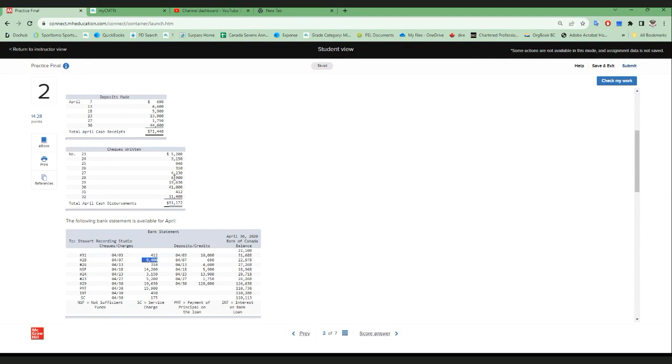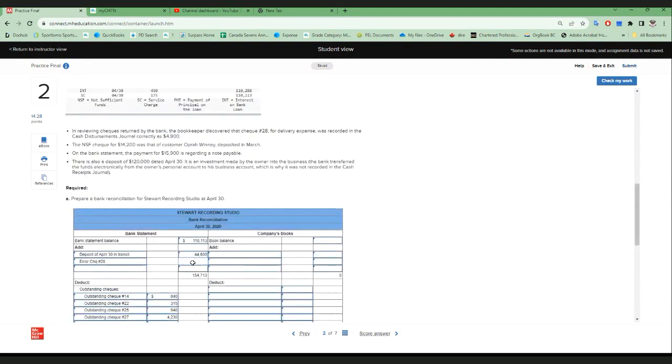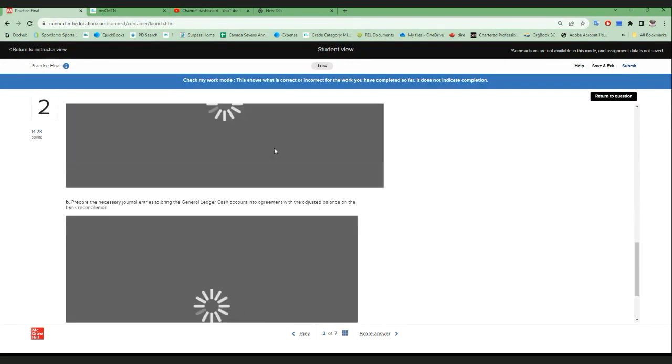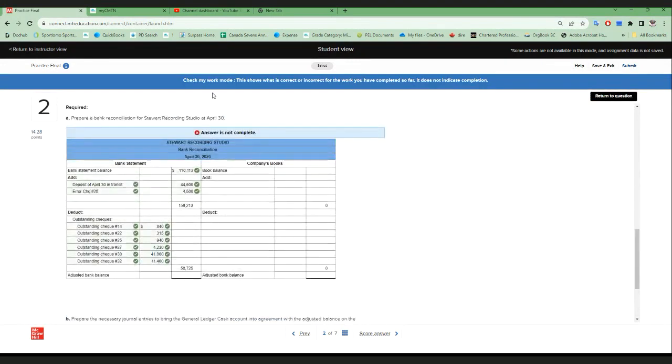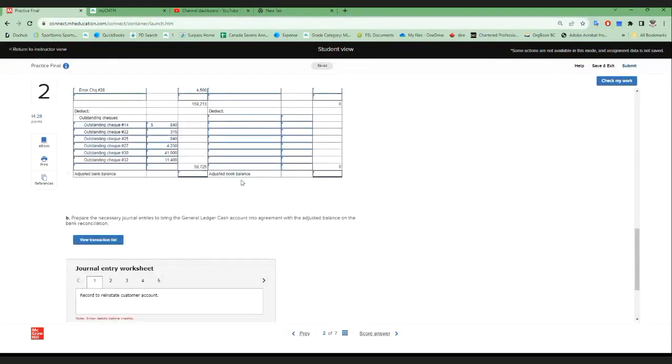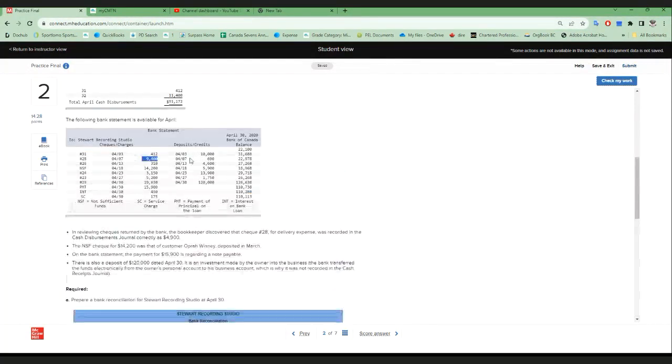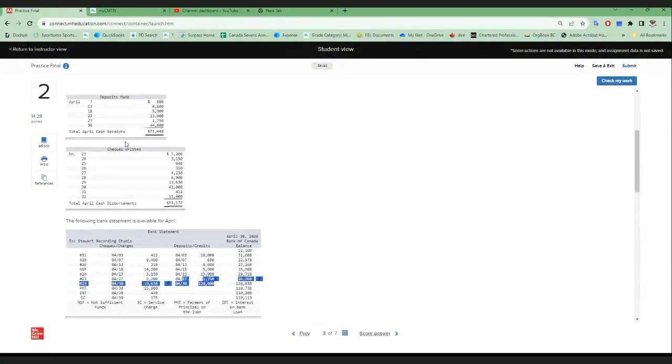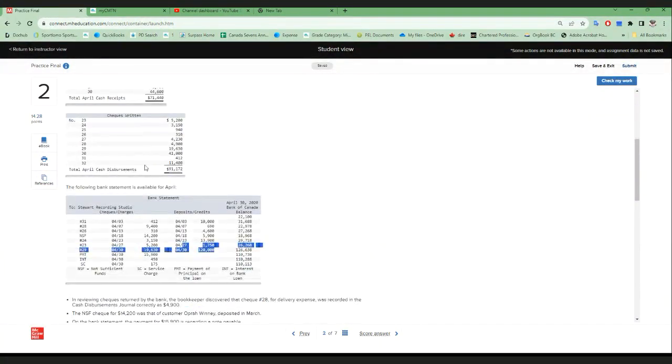Now we're looking for the other direction. Now we're looking for items that are on our bank statement that are not on our ledger. So starting with this 120,000, we're going to add owner investment of 120,000. I guess we're also going to include our book balance, which we can find here.